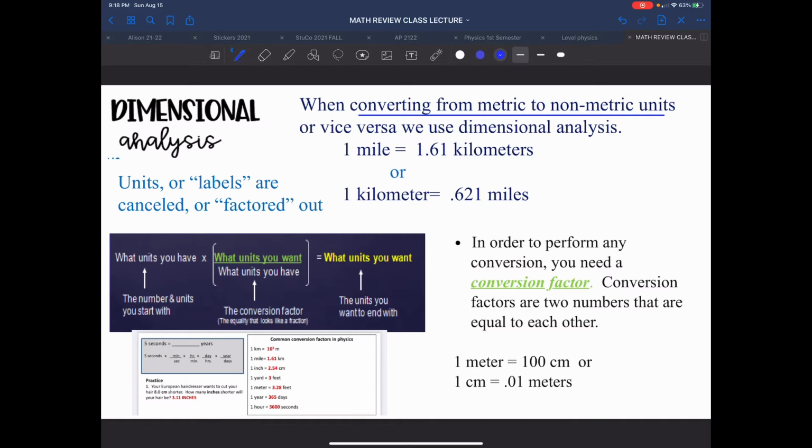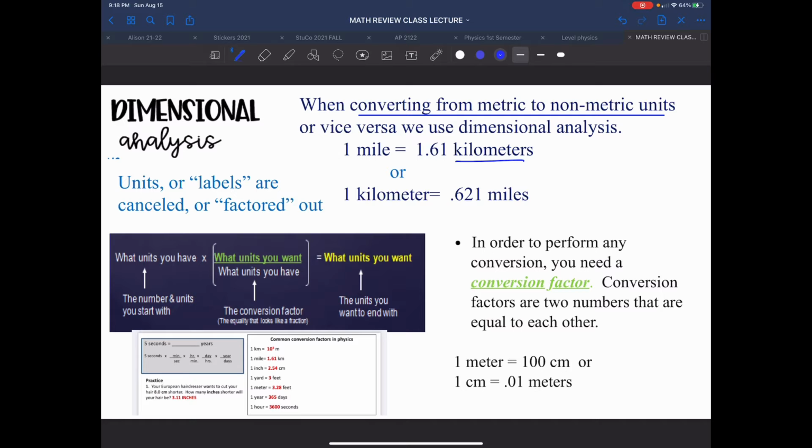That's the frustrating thing about science in America, is that we don't use a metric system. While the rest of the world uses kilometers, we use miles. So our big one that we're going to be converting with the most is going to be miles to kilometers, because we're always going to see meters per second, and we're going to want that in miles per hour so that you can actually understand how fast something's going.